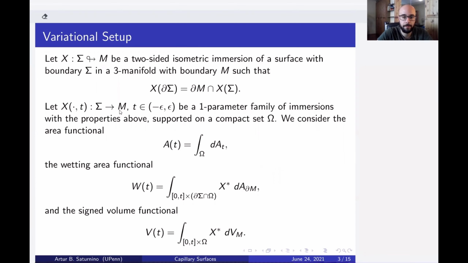The second variation of energy can be rewritten like this, just by integrating by parts, where this J here is the usual Jacobi operator. Now, using this formula, we can define a symmetric bilinear form Q, which is the stability operator.